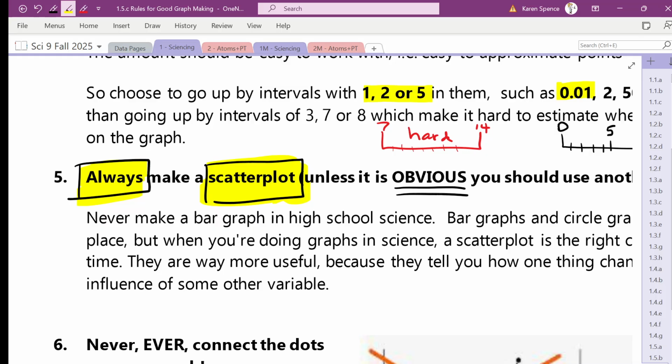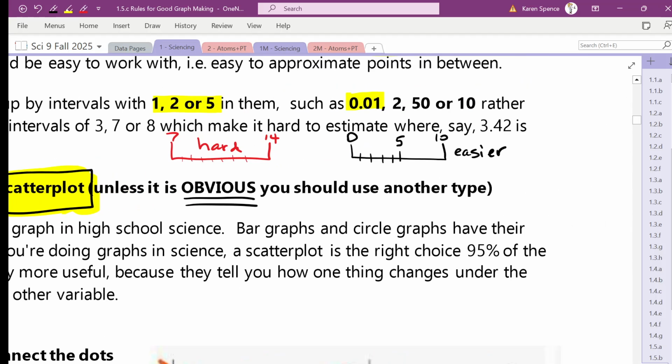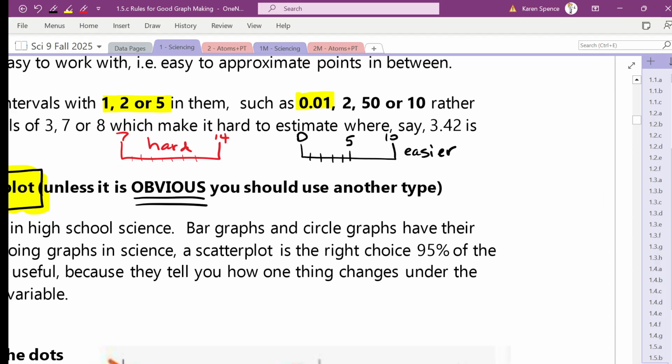What was it? It was a bar graph. And if you have a situation where you should use a bar graph, it should be obvious to you. I would like you to tell your neighbor what you remember about when you should use a bar graph.